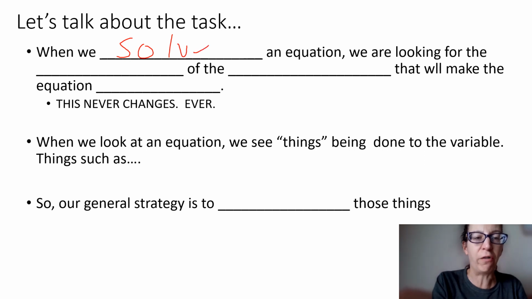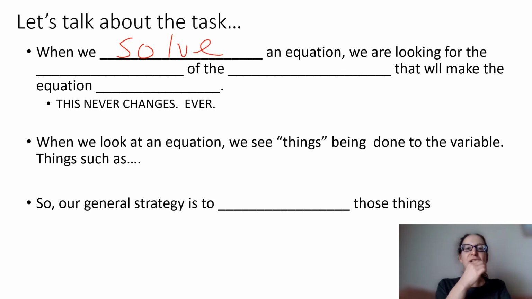When we solve an equation, what are we doing? Because solve is not a blanket word for get the answer. I've actually had students tell me that, oh, it means to get the answer. Get the answer is really vague, and it can go with a whole lot of different kinds of questions.